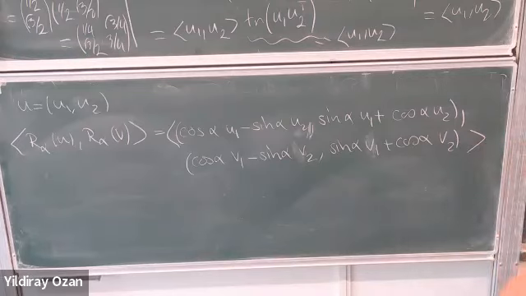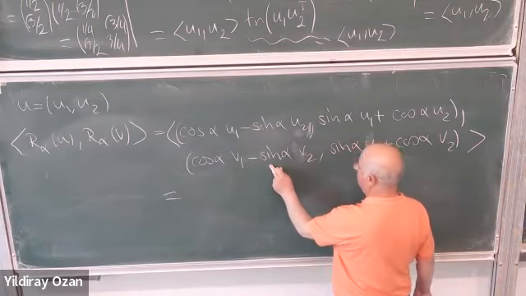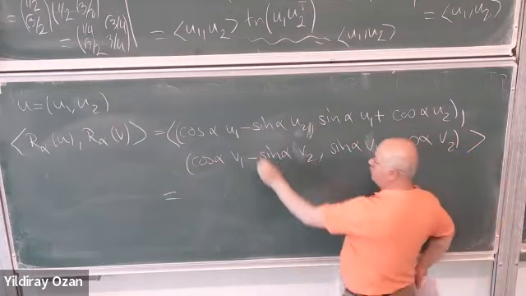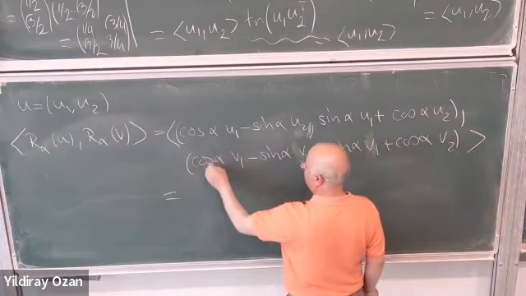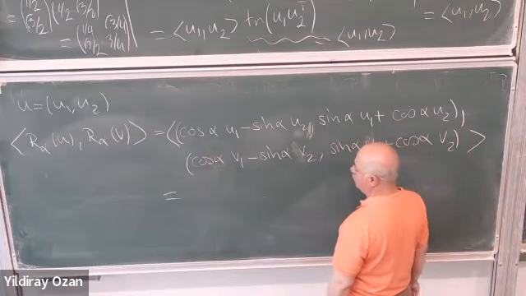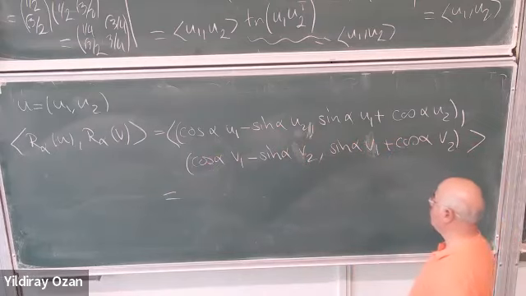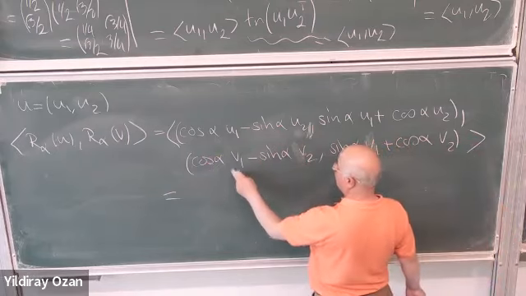So when you take the inner product, we multiply these two entries and these two entries and add them up. When you multiply these two, you just get cosine alpha squared u1 v1, sine alpha squared u2 v2, and then we have the cross terms.